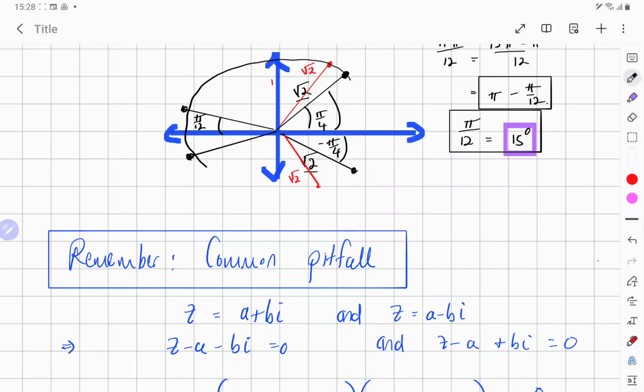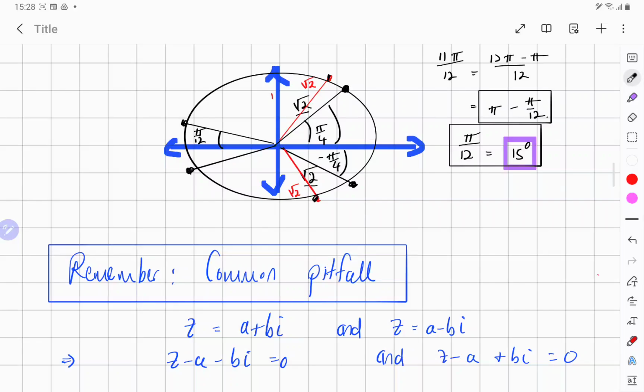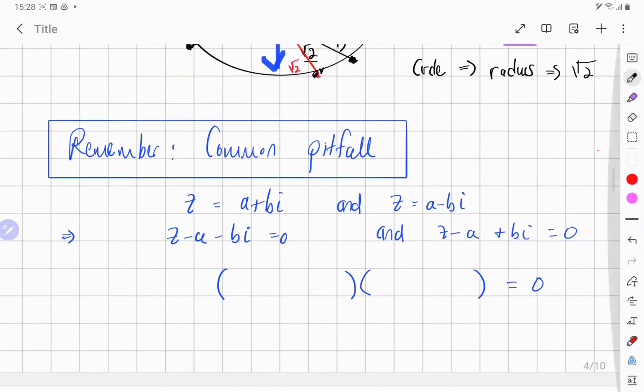They don't realize that it will be a circle with radius root 2. Mine looks now more like an ellipse, but you will always get a circle. So the roots will all fall on the same circle. Why? Because your radius will stay constant at root 2.